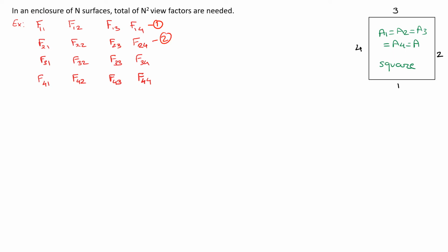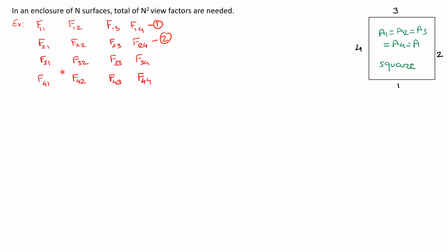Similarly, equation 2 tells us how much radiation from 2. Now your i is 2 and j is moving from 1 to 4. So how much radiation from 2 is intercepted by 1, 2, 3 and 4. In the next equation, how much radiation emitted from 3 is intercepted by 1, 2, 3 and 4.